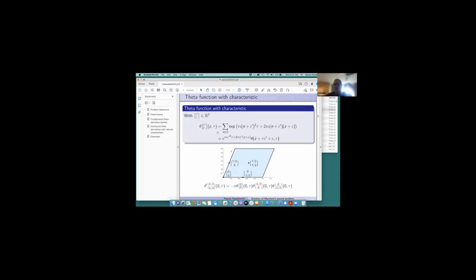Now, what we have here are transformation properties under the lattice. What we want to do now is develop identities similar to this one, but for the derivative evaluated at other points, like rational points.